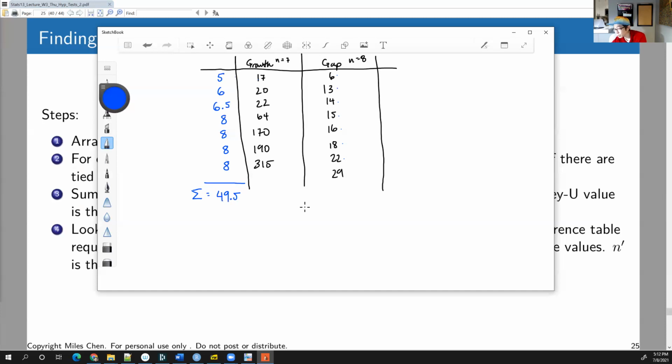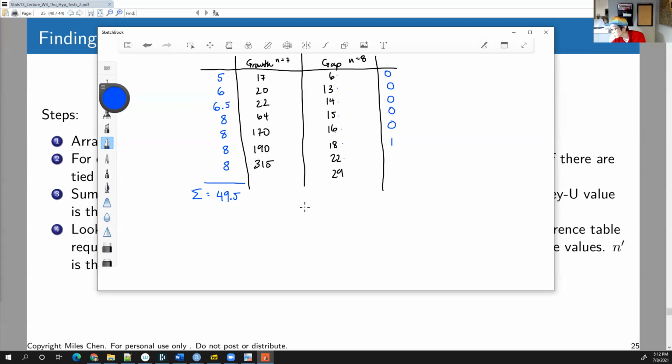So we do this, we go through every value, we count how many values in the other column are smaller. We're also going to do it just for good measure with the other column. We're going to go to 6. How many values in the other column are smaller than 6? Okay, no values in the other column are smaller than 6. And we're going to have 0, 0, 0, 0. At 16, we still have 0. And at 18, we have 1 value that is smaller.